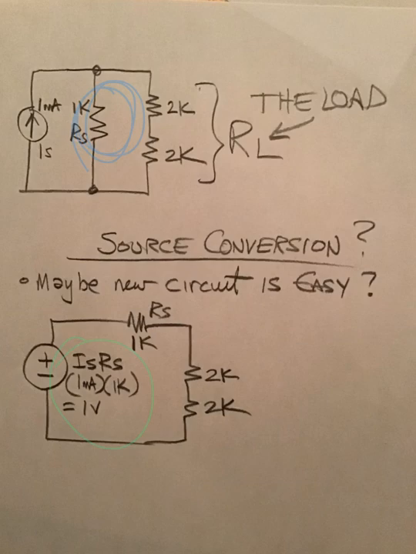Which circuit would you rather solve? Remember, the only thing we want is to go get the current that's running through these 2 resistors. It would be very, very easy to just take the battery voltage and divide it by RT, which is 1 volt divided by 5K, and you get your current that's flowing through this circuit.